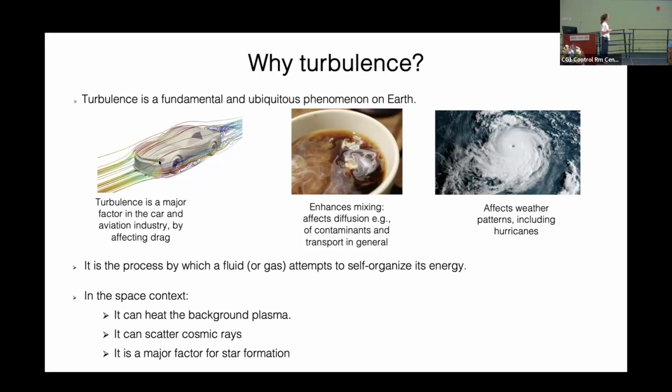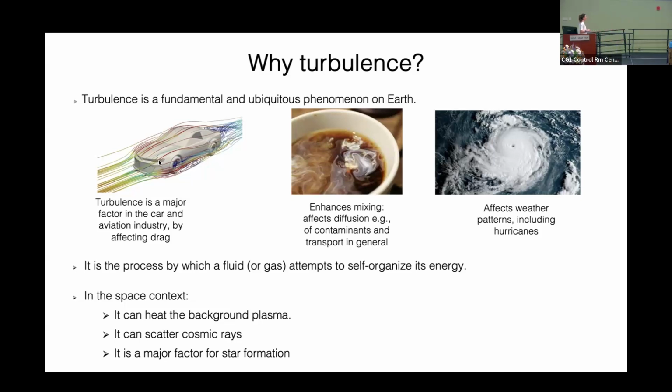For example, turbulence is important to track the spread of pollutants in the air. For similar reasons, turbulence also affects weather patterns. And for example, it can help to create conditions for the formation of hurricanes, okay?